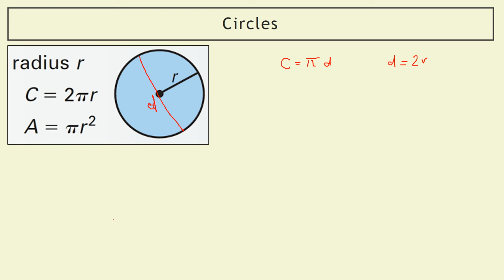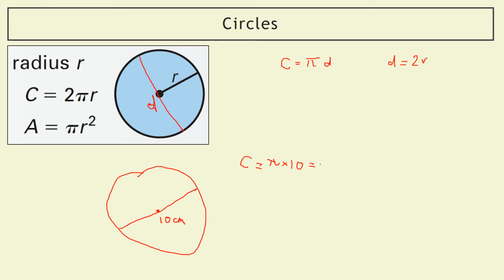And just make sure we've got the right bit in there. And then it's just a case of using our calculators. So if I'm told I've got this circle, there's my center. This bit here is 10 centimeters. I've been told what the diameter is. So that's quite easy. I can just do pi times 10 on my calculator to get the circumference, because that's the way to work out pi times the diameter.